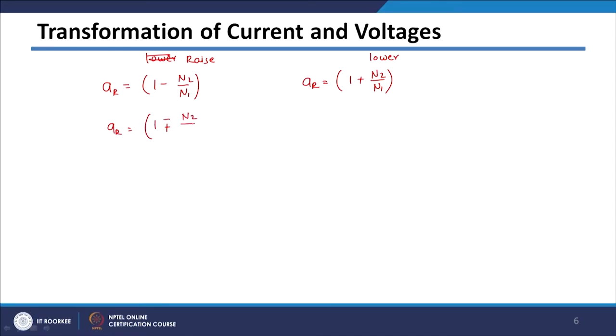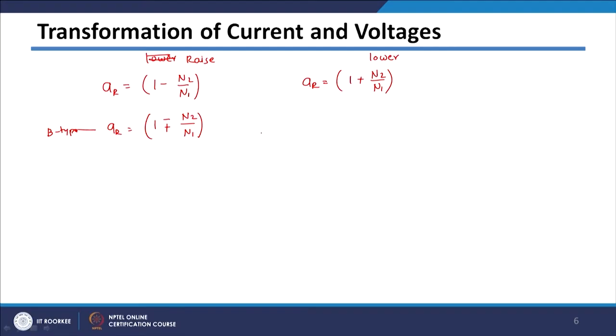This relation is for your B type of regulator. For A type regulator, your signs will be opposite. So, in case of A type regulator, it is 1 plus minus N2 by N1, otherwise it will be the same.